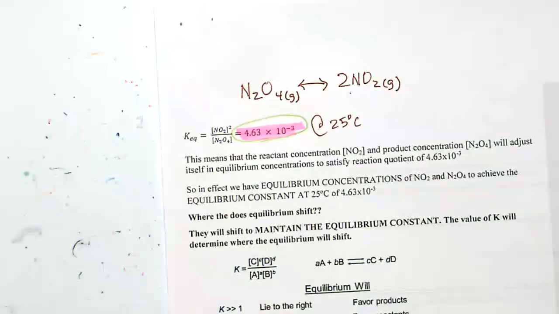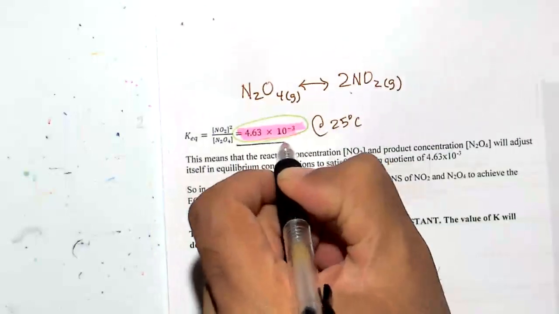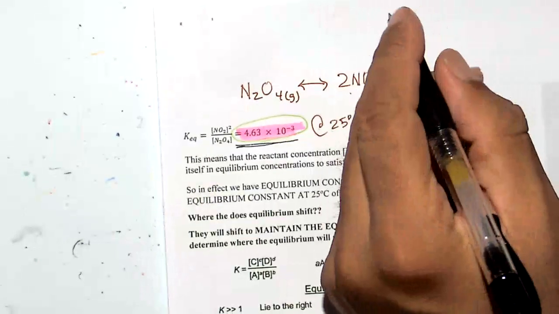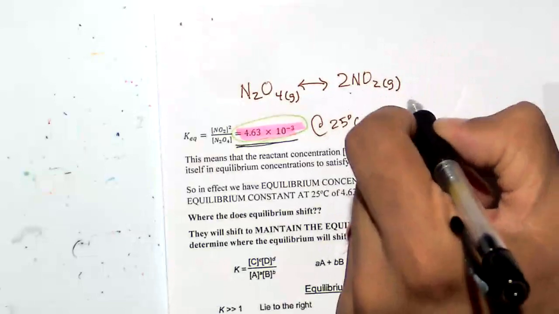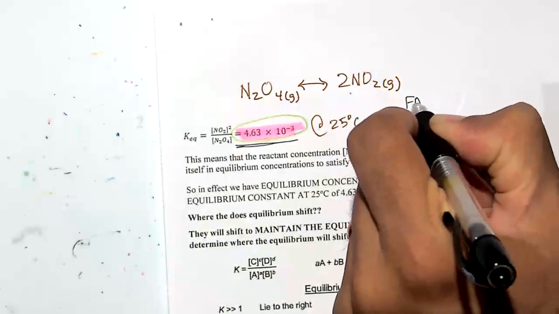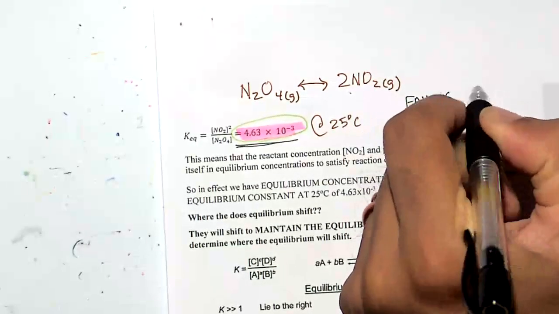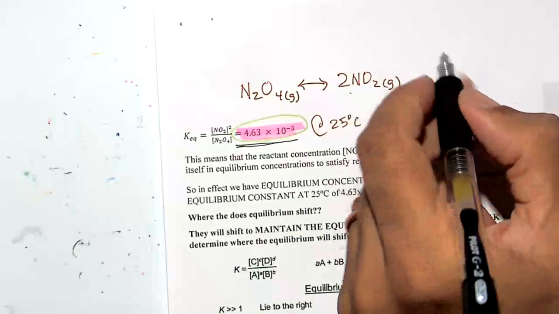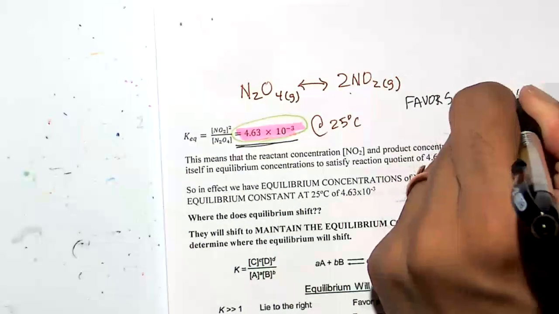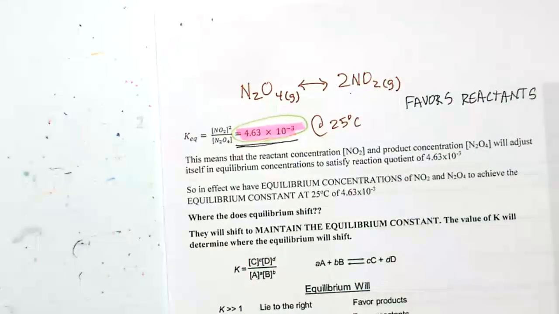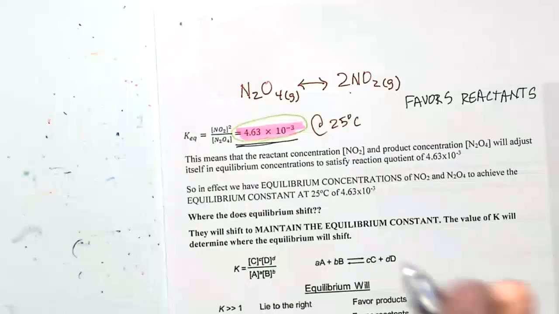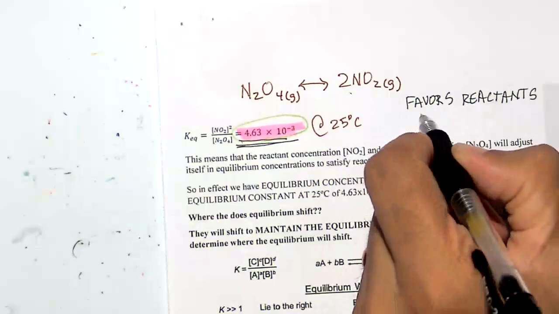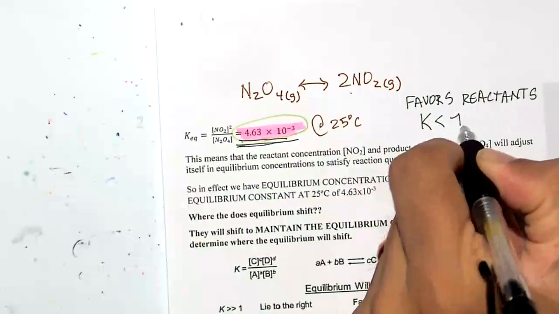We'll have more reactants. Why is that? This value is less than 1, so this is an equilibrium that favors reactants. You'll have products, you're right, but more reactants than products. Again, look at the magnitude of K, it's less than 1.